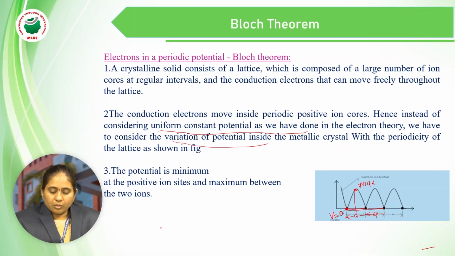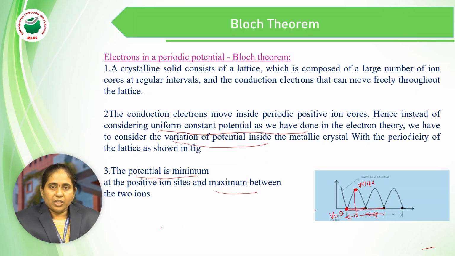That means the potential is minimum at the positive ion sites and maximum in between the lattice ions. These were the assumptions made by Bloch to get information about metals and non-metals. The assumption is the periodic potential, which is not a constant potential, and it also uses the laws of quantum mechanics.